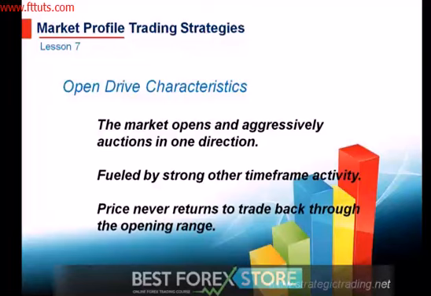And this is fueled by a commitment or very strong other time frame activity. Somebody has stepped in and they're buying big at every price from the open on. As prices rise, they're still buying and buying and buying. The key characteristic here is price never returns to trade back through the opening range. So once we open, it just keeps on moving in that direction, and it never hesitates and comes back to test.